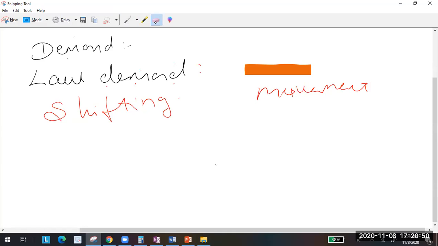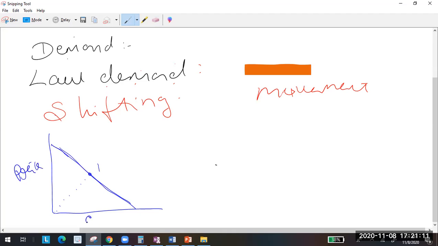Now, moving with the same line, the whole line, can you point out the elasticity of demand in this diagram? Suppose in case of unitary elastic, what will we see? Unitary elastic, this is representing price and this is representing demand. In case of unitary elastic, what is PED equal to?